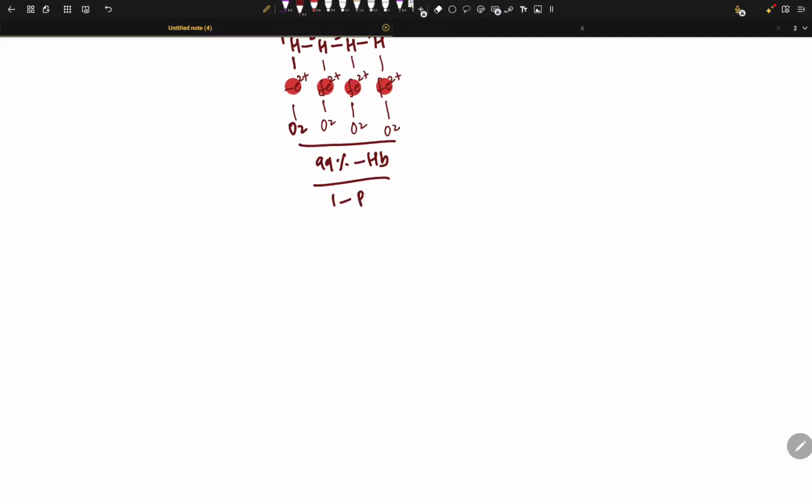So 1% is in plasma. Without hemoglobin, you will not have this 99%. That's very important. And you'll be surprised that chlorophyll and hemoglobin have quite similar protein structure. It's just the color that is different.